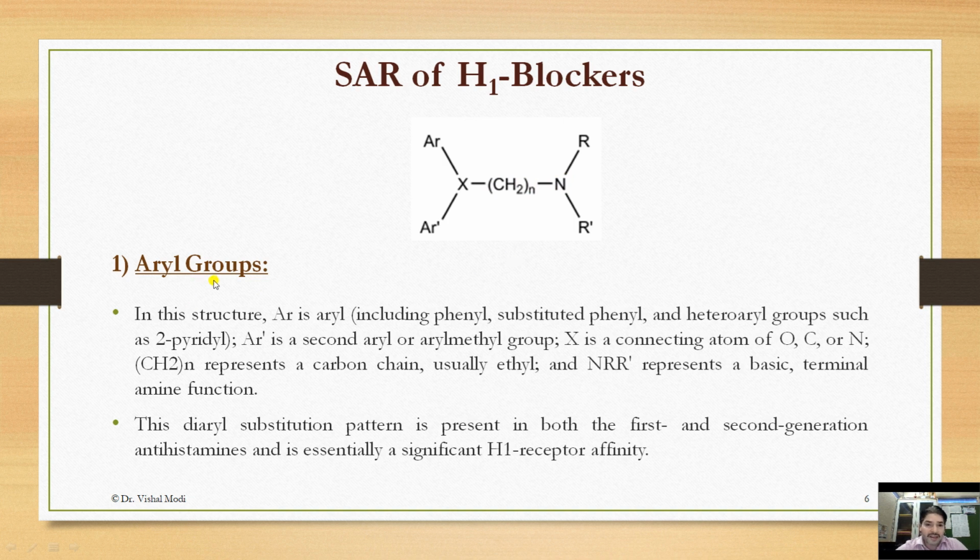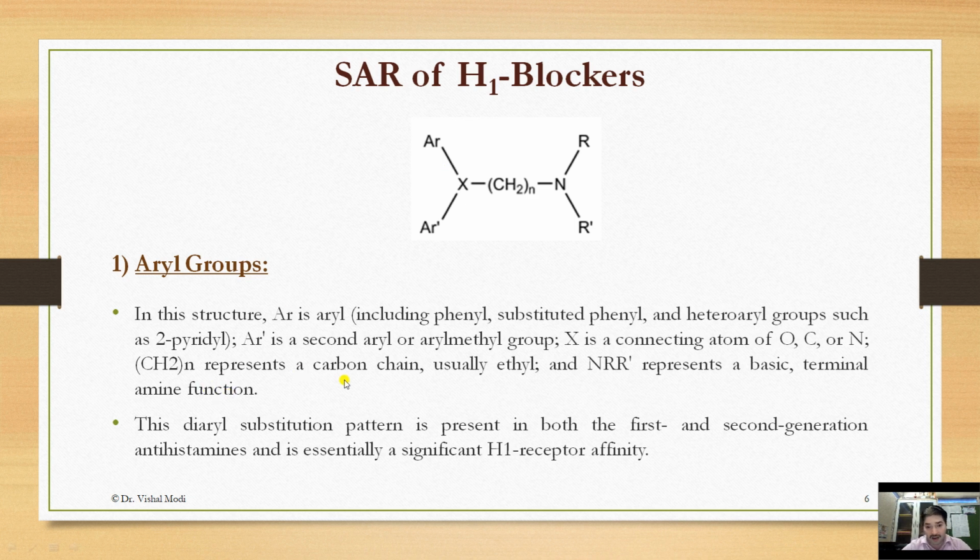Now SAR of aryl groups. In this structure, aromatic is aryl including phenyl, substituted phenyl and heteroaryl groups such as 2-pyridyl, while aromatic dash means this group. Okay, aromatic dash is a second aryl methyl group. Then X is a connecting atom of oxygen, carbon or nitrogen.